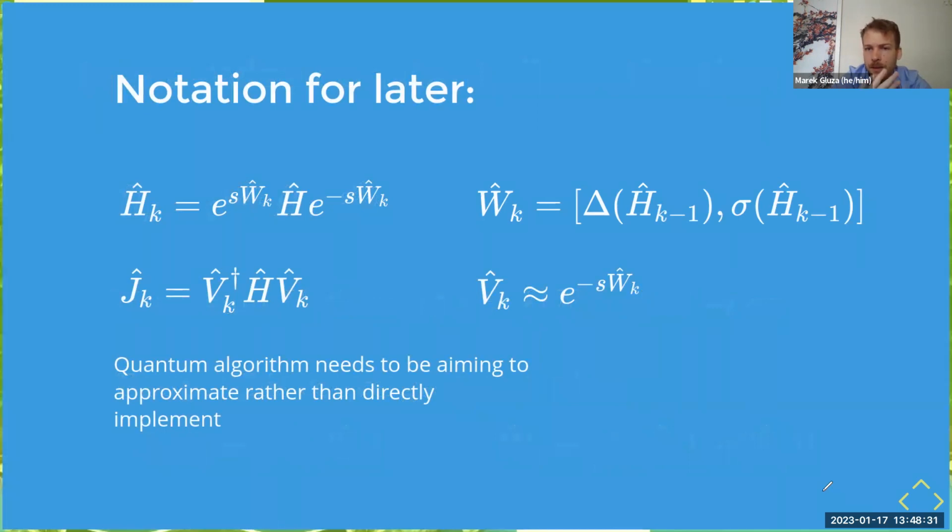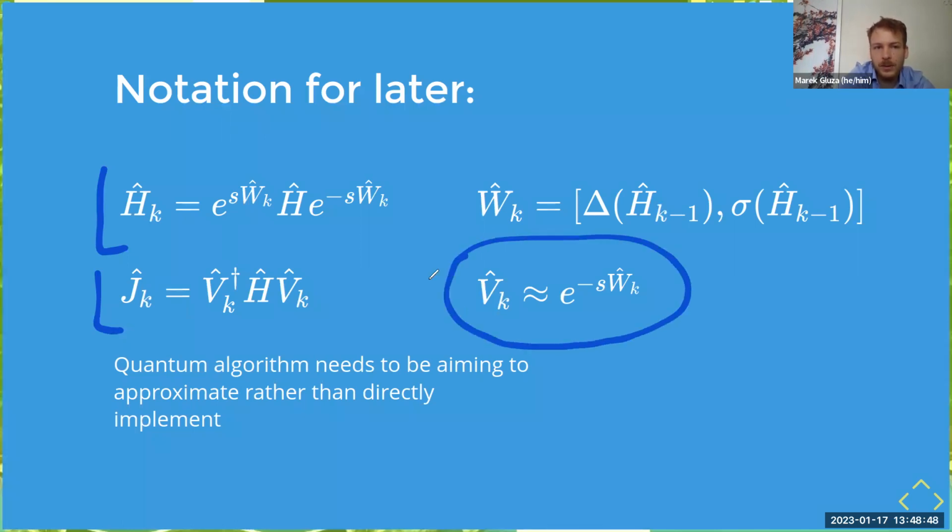And after this comment, let me just mention, in the moment when I will tell you how I will do this with a quantum algorithm, I will actually not be speaking about HK, I will be speaking about JK, because I will have approximations to this recursive definition of HK.